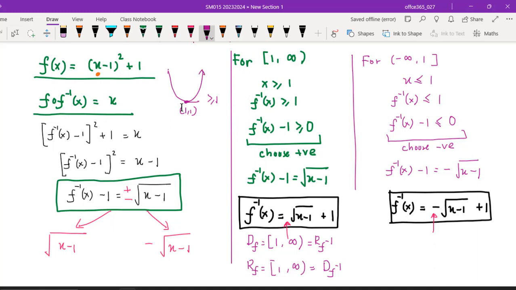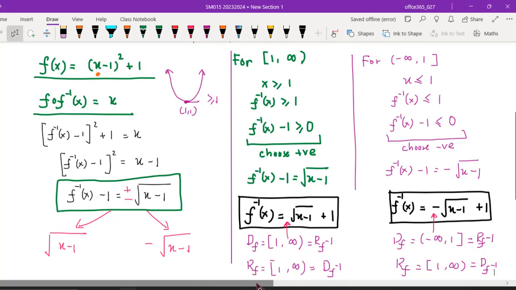Same goes here: the domain would be negative infinity until 1, and the range of the inverse is still 1 to infinity. This case already mentions that only the domain is restricted, and the range still follows the original graph. That is the y values.